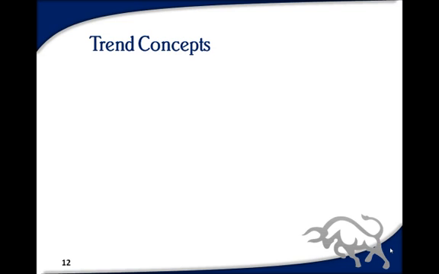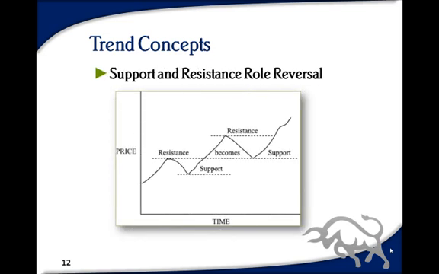Now here's an interesting concept, which works out quite often in practice, and that is support and resistance can reverse what they do. If in this case, for instance, we go up to a resistance, we come back down to support. It's an uptrend, so the next time it goes up past that resistance to a higher resistance.